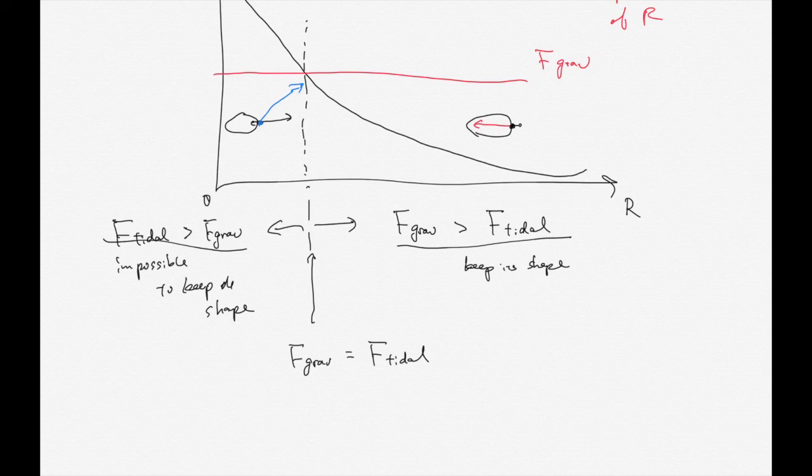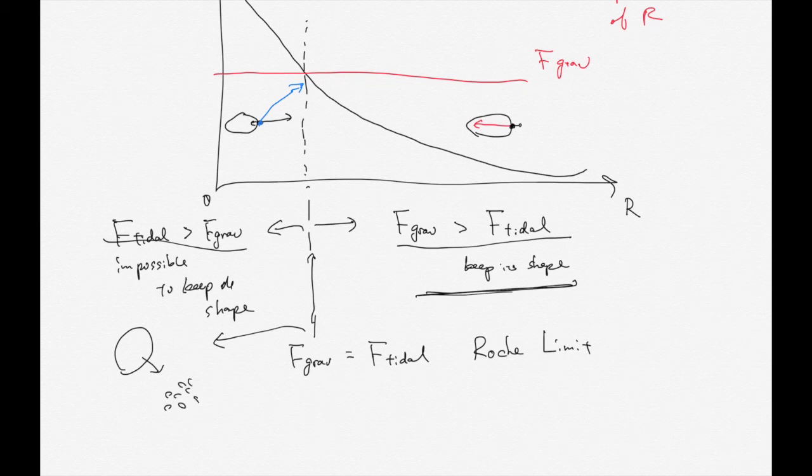This position we call the Roche limit. Outside of the Roche limit, gravitational force is stronger than the tidal force, and the particle can keep its shape. But inside of the Roche limit, the particle cannot keep its shape. It's broken into small pieces. This is the Roche limit.